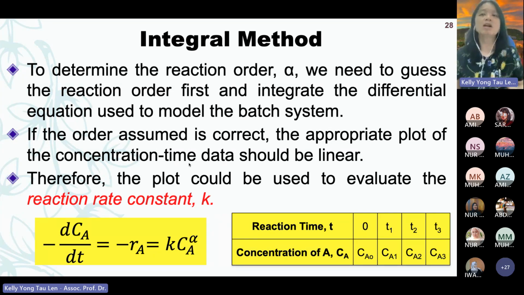I mean, for example, if you have a new reaction, let's say you change the reactant or you predict that it may be a new kind of reaction mechanism of which you have no idea at all what will be the reaction order and the value of K, it is highly beneficial for you to choose the two methods that we learned previously, the half-life method and the differential method.